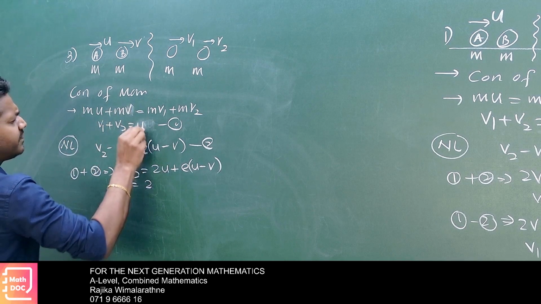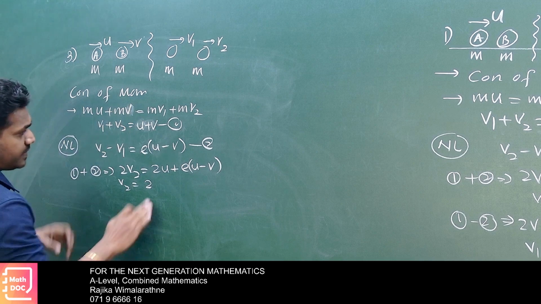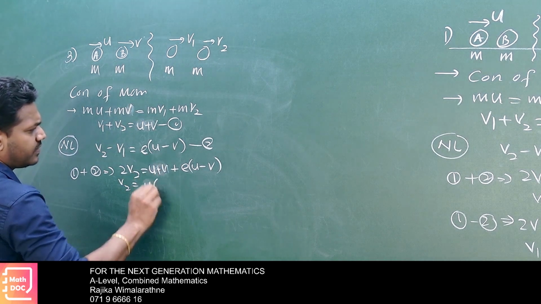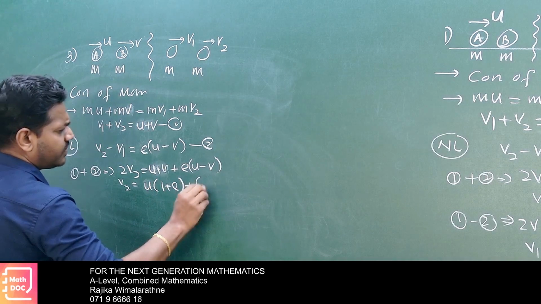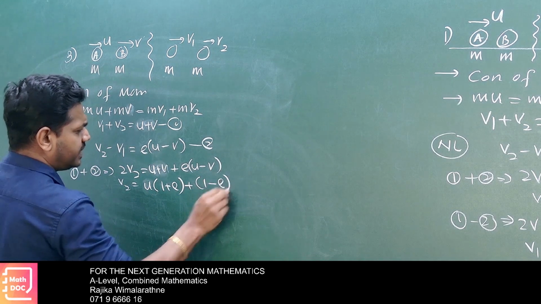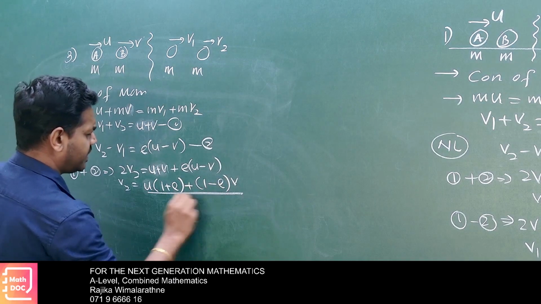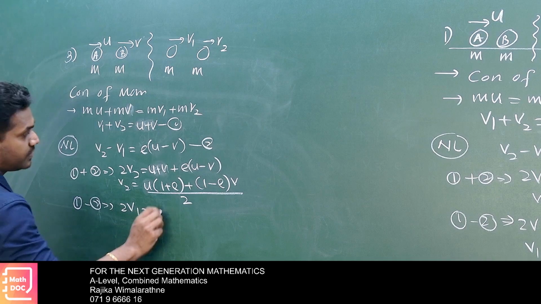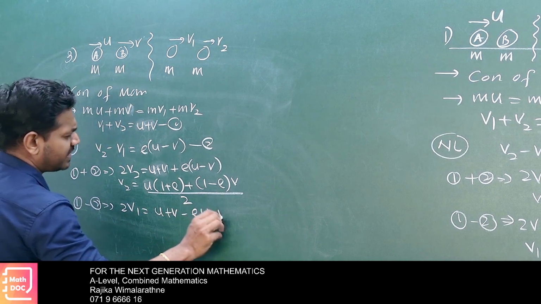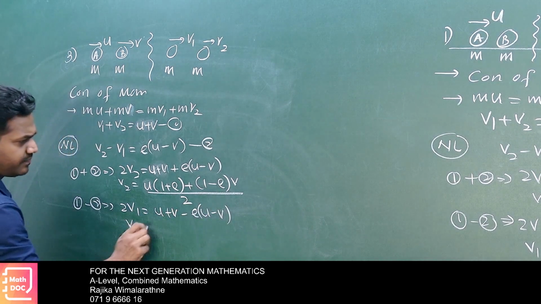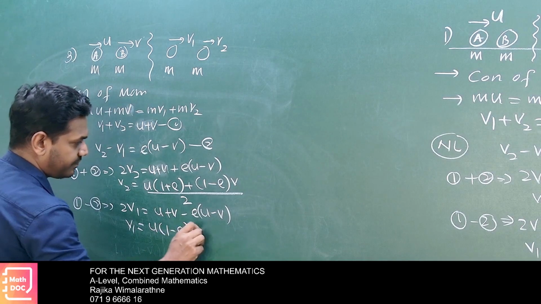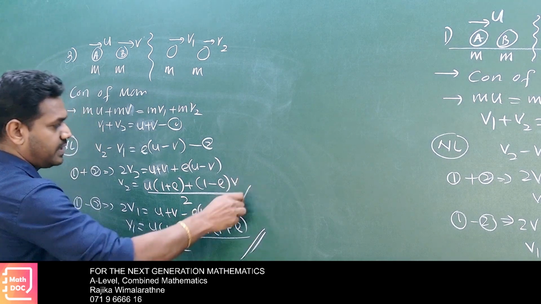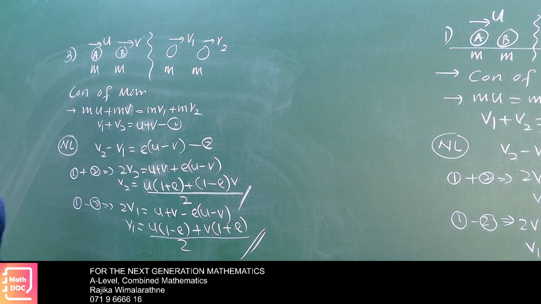Then v2 equals (u plus v) plus... (1 plus e), (1 minus e)v, divided by 2. 1 minus 2: 2v1 equals (u plus v) minus e(u minus v). Then v1 equals u(1 minus e) plus v(1 plus e), divided by 2. Likewise, you can get the other.